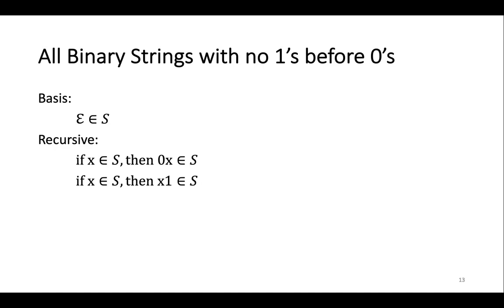Okay, this is another thing. You want to make a binary string which has no 1 before 0s. That is, this is not available, but these kinds of things are available. So first you have the empty string, and when you have x you can make 0x or x1.